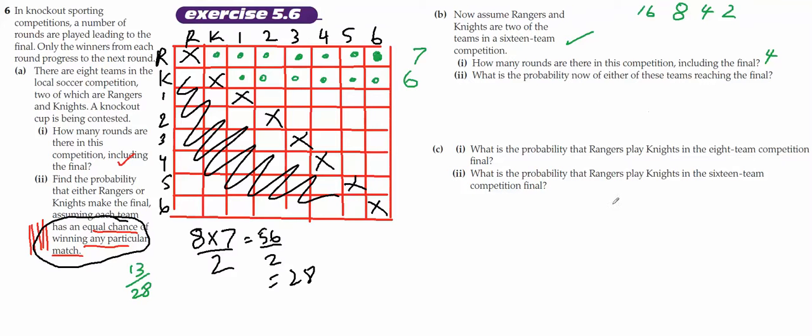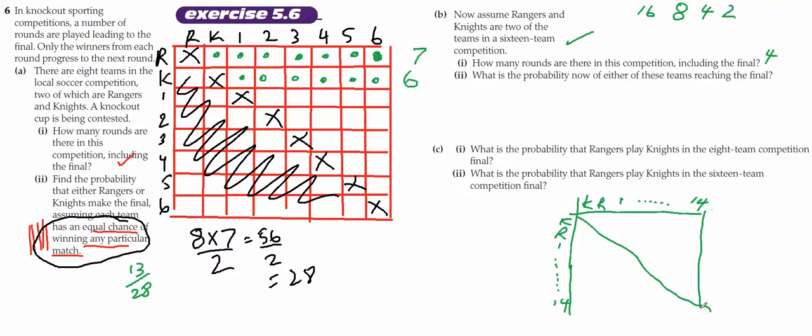What's the probability now of either of these teams reaching the final? Okay, I could do the same thing: Knights, Rangers, 1 all the way up to 14, and so on, which would give me my 16-team competition.